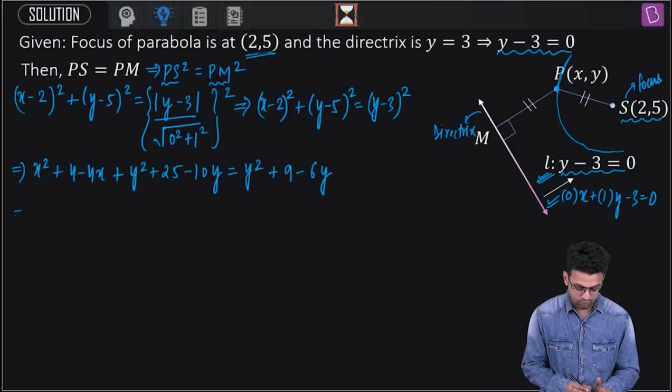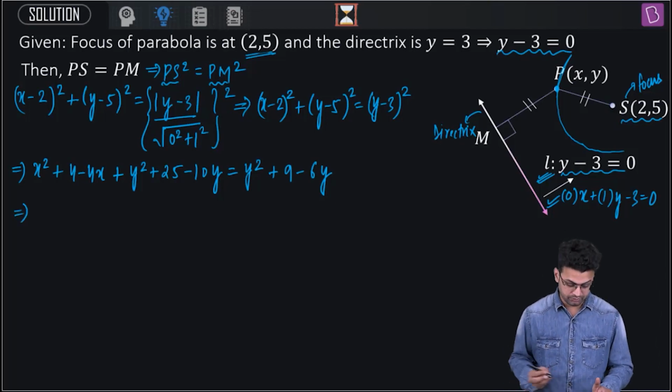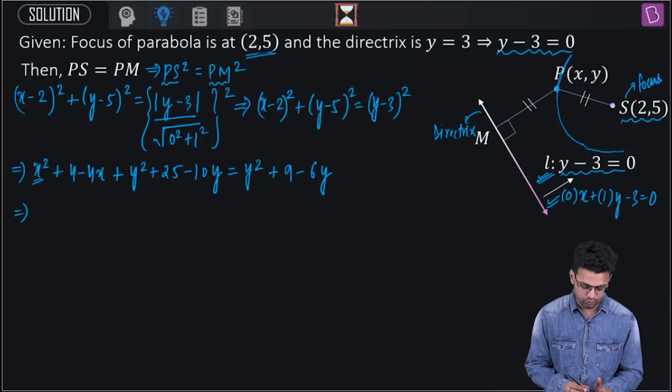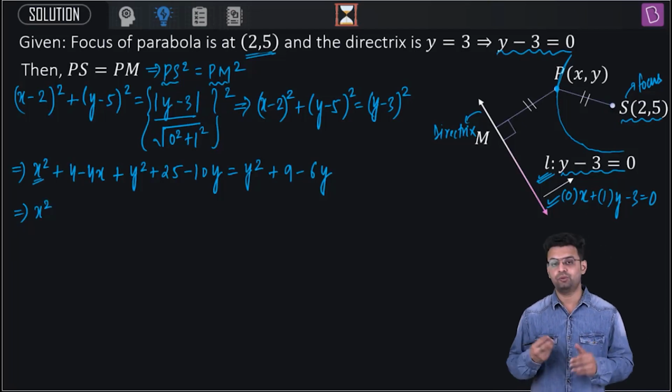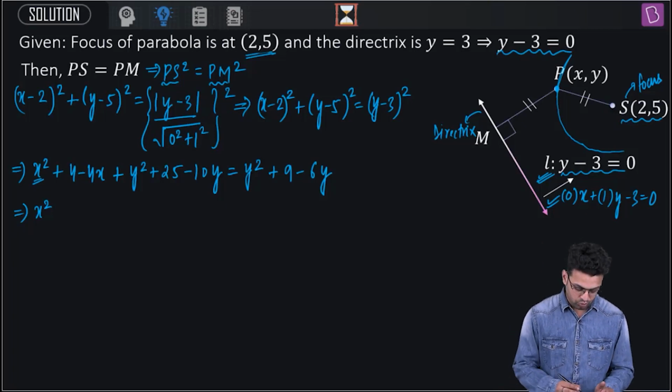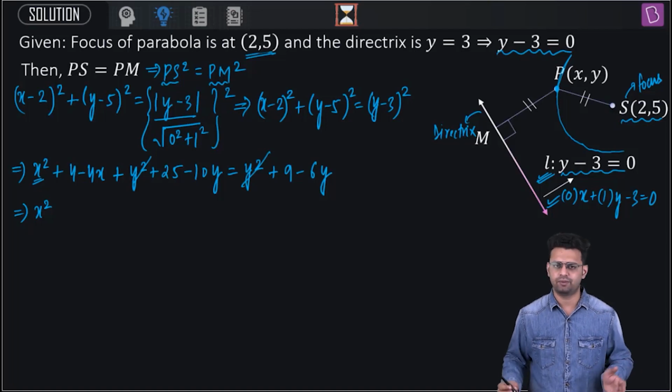Okay. Now, again on rearranging the terms, let me first write the term of x square. So we have a single term containing x square. Now I'm going to write the term of y square. On the left hand side also we have y square, on the right hand side also we have y square. It's going to get cancelled out.